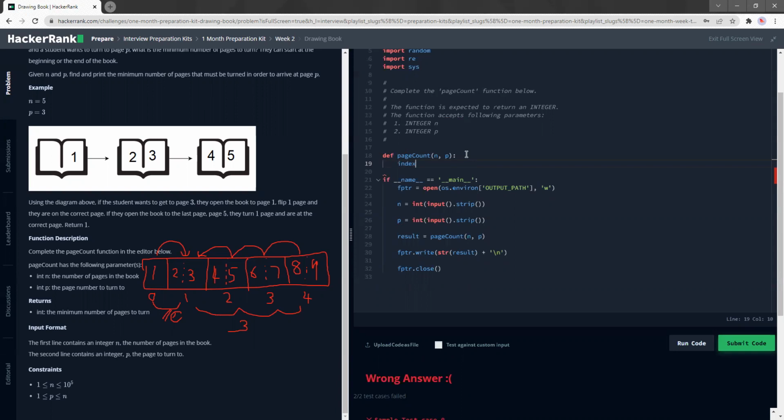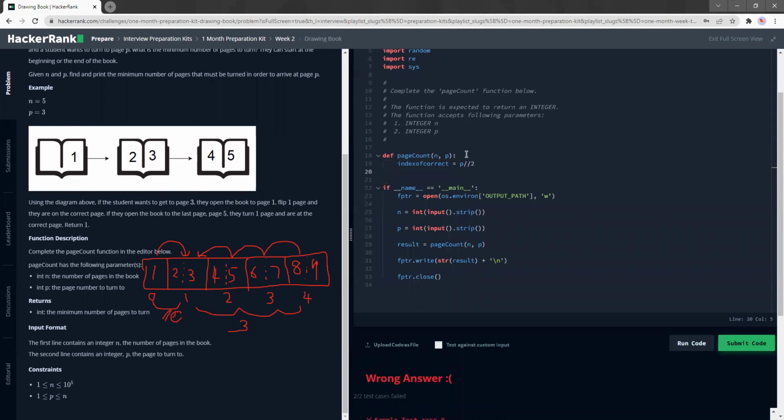So index of correct is equal to p / 2, while index of full will be n / 2.